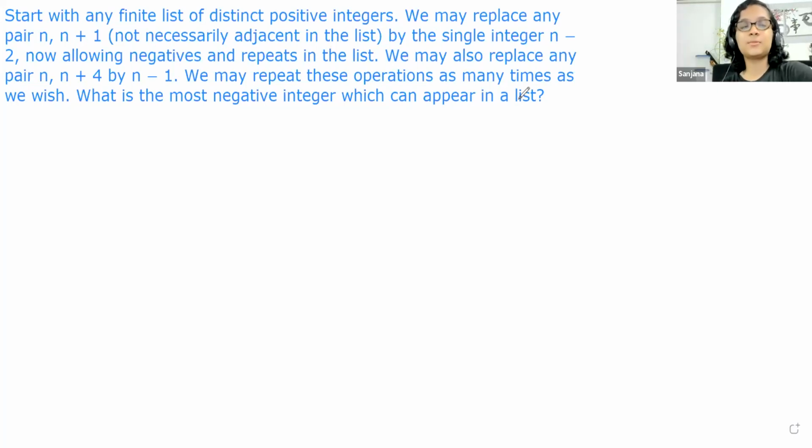Okay, so any ideas? It's a tricky problem because the main step is not obvious.